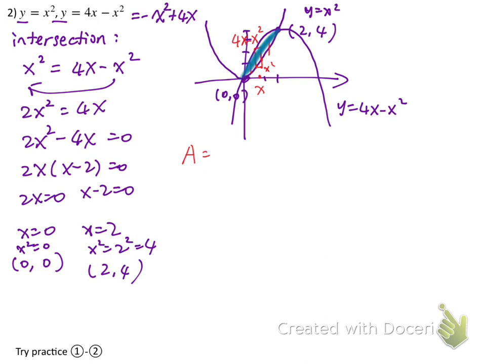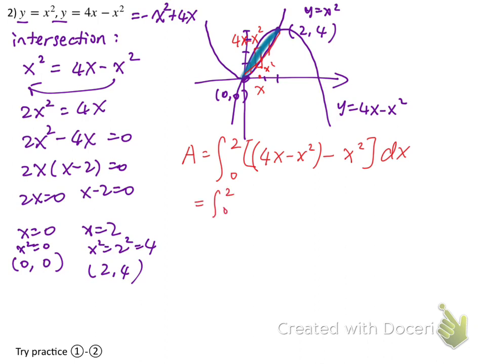So our x goes from 0 to 2. The function on the top is y equals 4x minus x squared, and the function on the bottom is x squared. Then you do the integral.